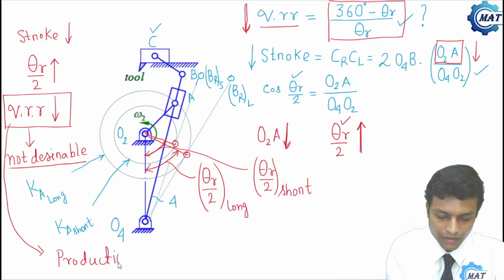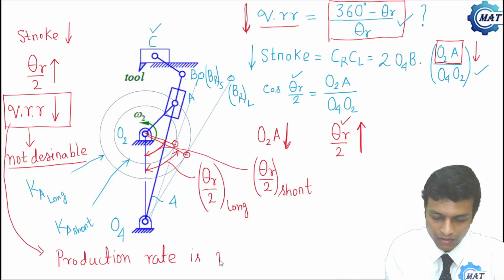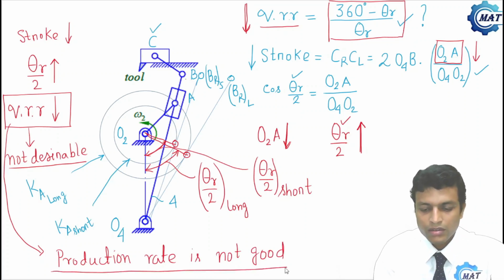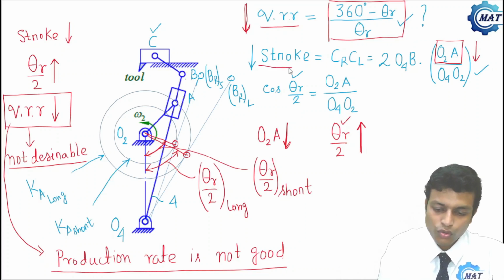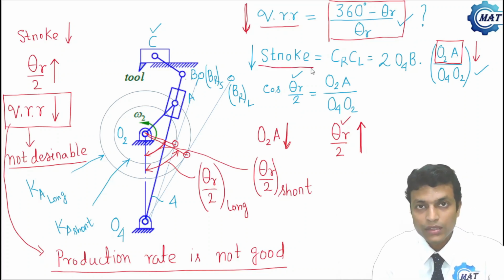Production rate is not good. So the machine is not efficient. So this is the drawback of a quick return mechanism for small stroke length. So this is not suitable for small stroke length, like a slotting machine.